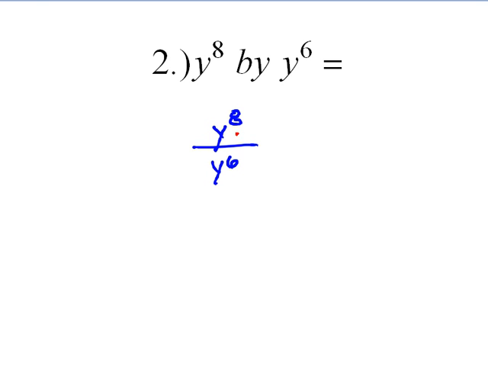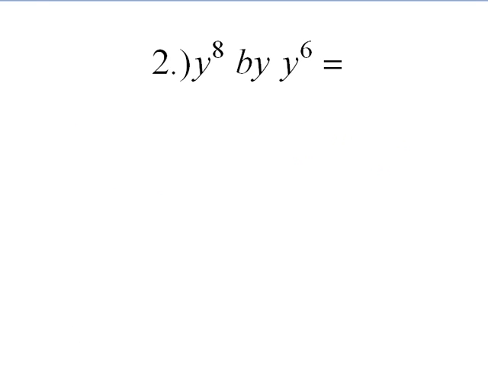I'm going to change this just a little bit in a future problem. So we're going to say y to the 8 minus 6 equals y to the 2nd. So far so good? Okay.